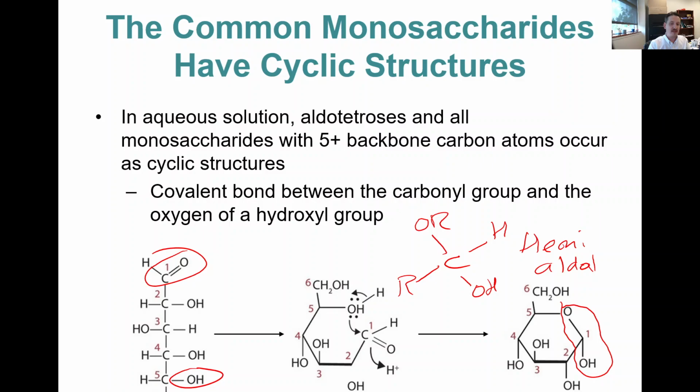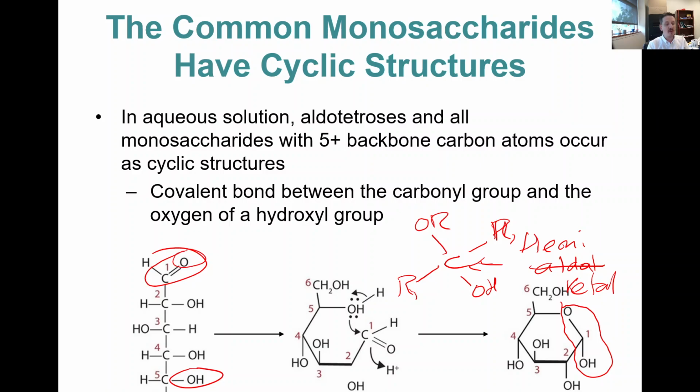And if we swap that hydrogen instead to another R group, so we've got R1 and R2, then we have a hemiketal instead. And what this means is that this carbon here is not going to be delta positive because it's bound to this.